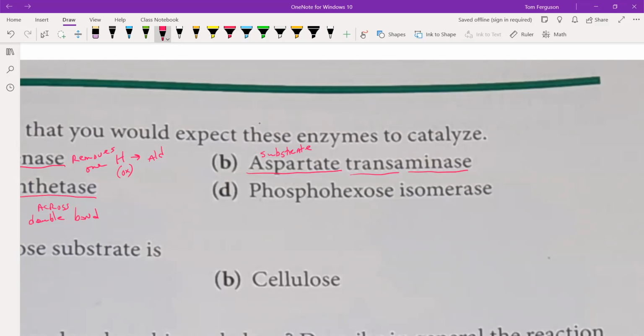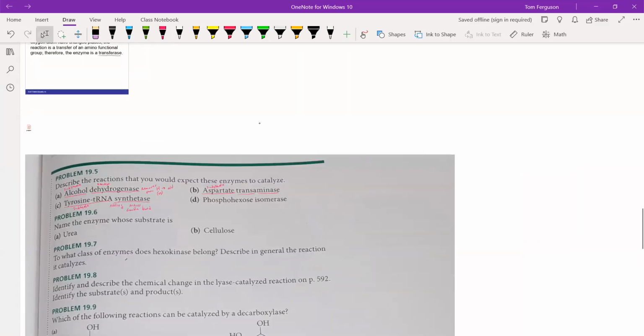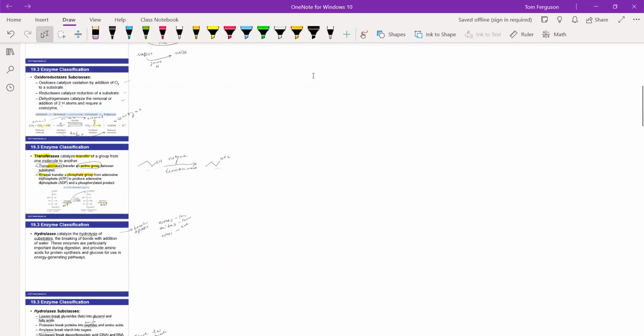Okay. I'm going to take this chart and put it to the right of this. So we want to keep going up here.